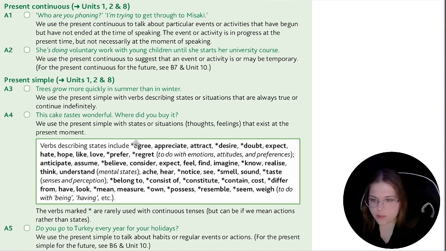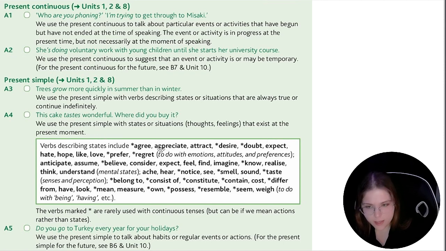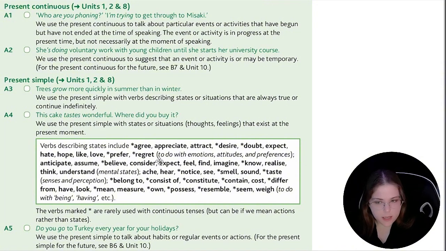Verbs describing states include: agree, appreciate, attract, desire, doubt, expect, hate, hope, like, love, prefer, regret, to do with emotions, attitudes, and preferences. Anticipate, assume, believe, consider, expect, feel, find, imagine, know, realize, think, understand. They are mental states.